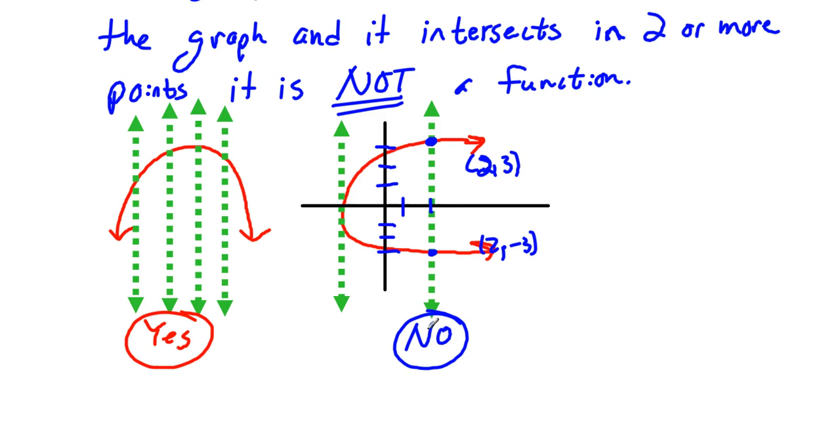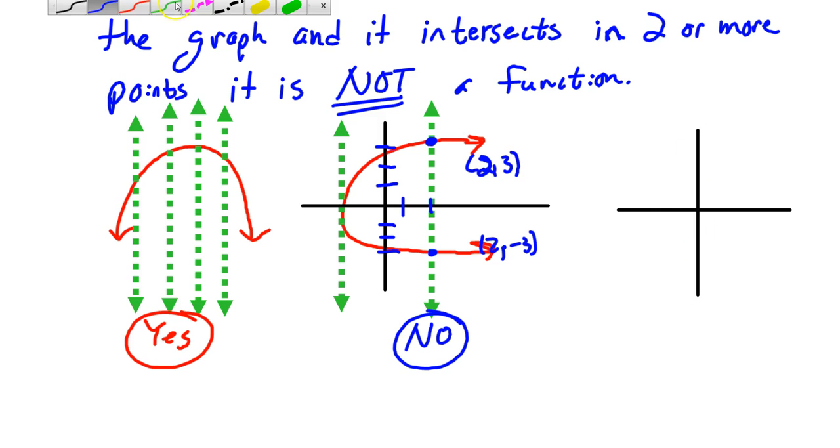Now, what they're going to do for some of these is they'll actually give you a graph where it's just ordered pairs, or something like that. And they'll ask you, do those points represent a function?